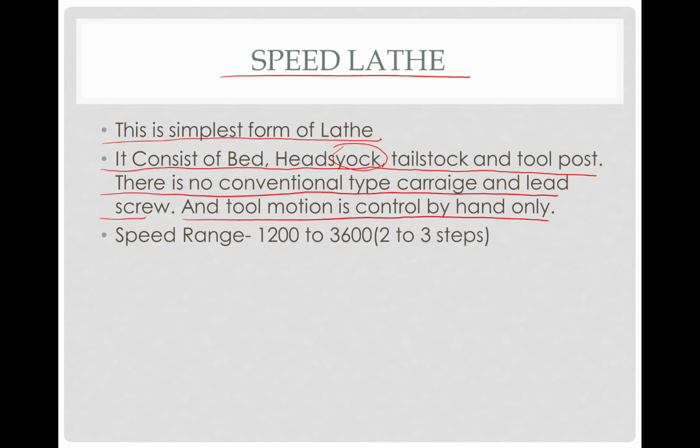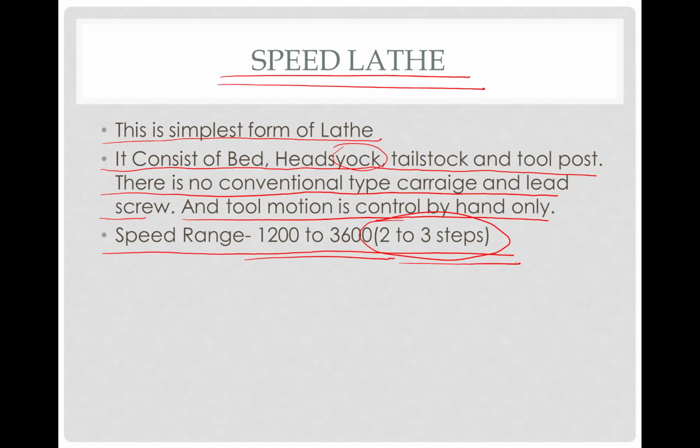Mostly those are the speed lathes, and the speed range of those lathes is from 1200 to 3600, and that too only in 2 to 3 steps. It doesn't have the robust headstock or the gear mechanism in the headstock, so the speed range is this much only, and that too in 2 to 3 steps.